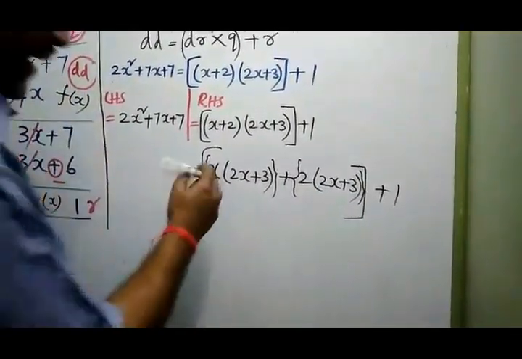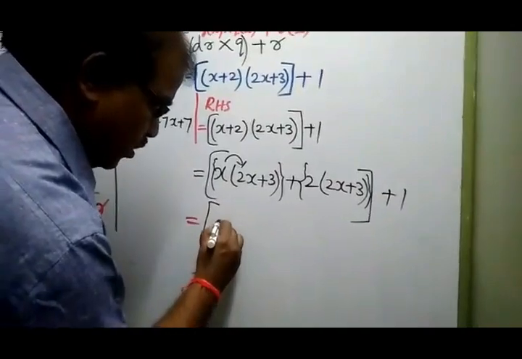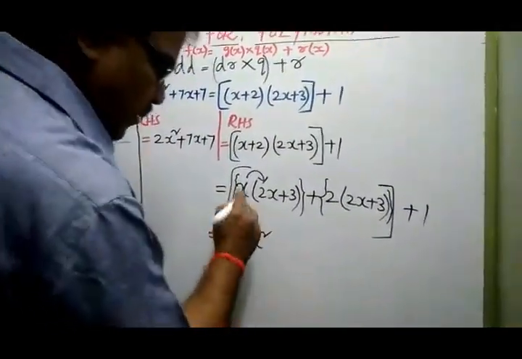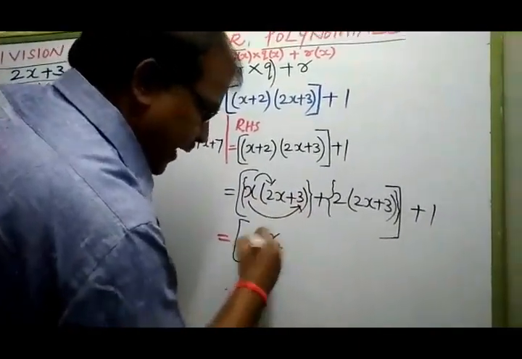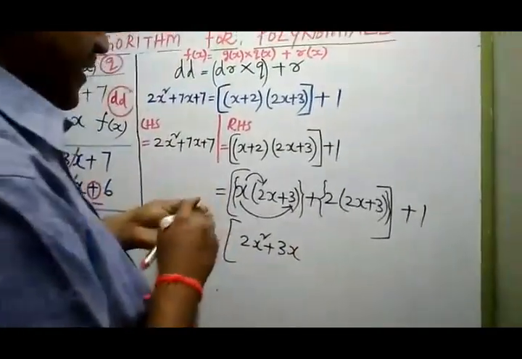Now x of 2x plus 3: x into 2x is 2x square, plus x into plus 3 is 3x.